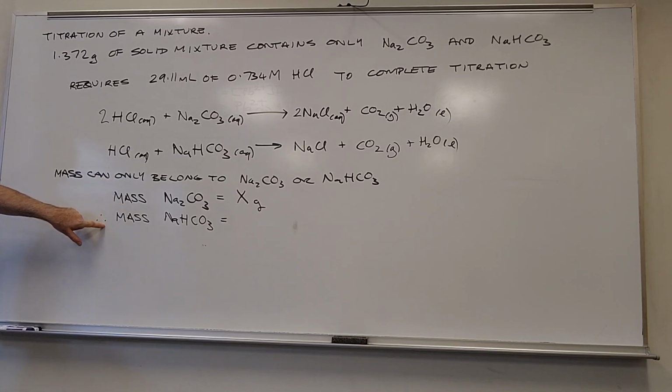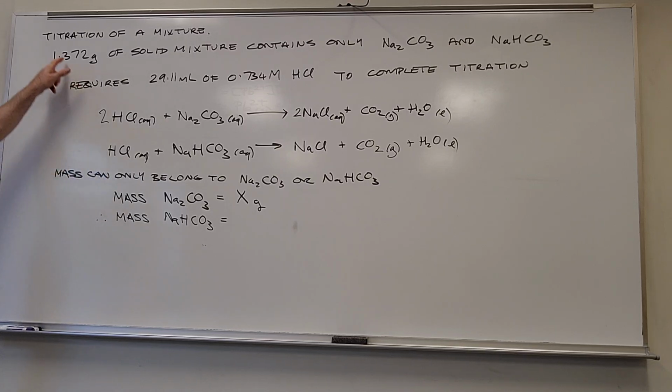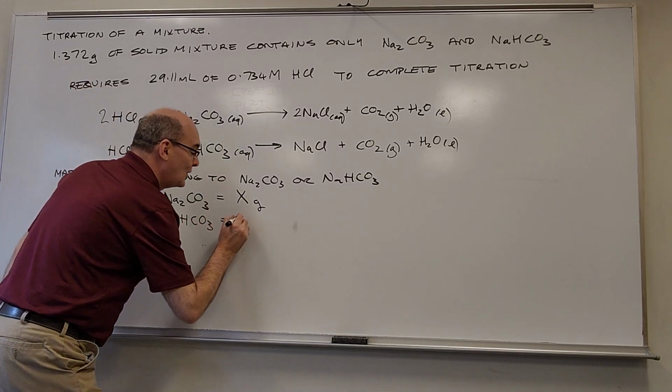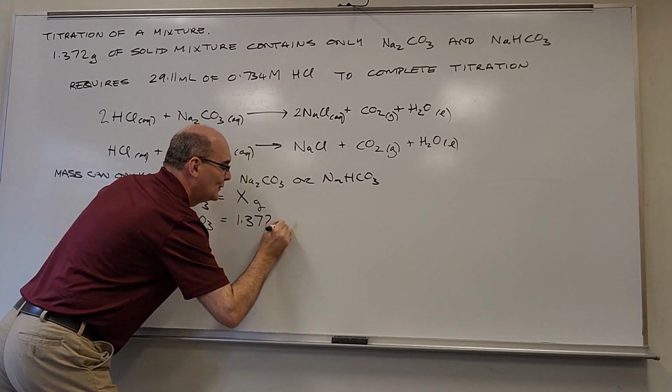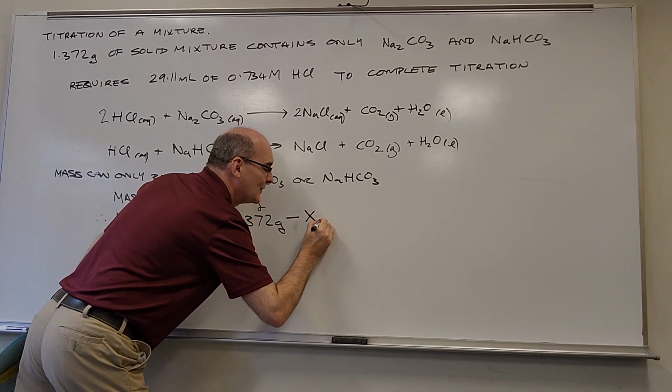What if it was all hydrogen carbonate? How much would I have? 1.372 minus 0, when X is 0, because I've got none of this. What if I had a gram of that? If X is 1 gram, then I would have 1.372 grams minus the 1 gram, minus the other number.